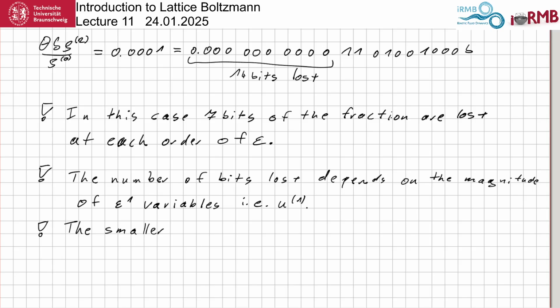Now here we have completely the opposite problem. If we make the time step smaller, the error goes up. This is what this says. Because you make the velocity smaller, the error goes up. So the smaller the time step, the smaller u is in numerical units.